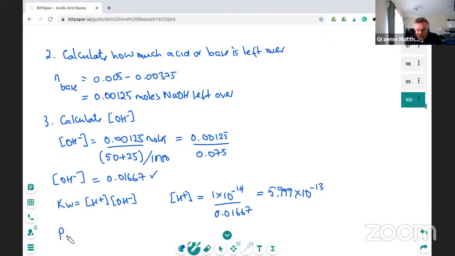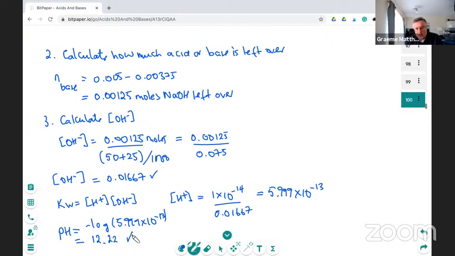It's obviously basic. So pH is minus the log of 5.999 times 10 to the minus 13, which comes back as 12.22.